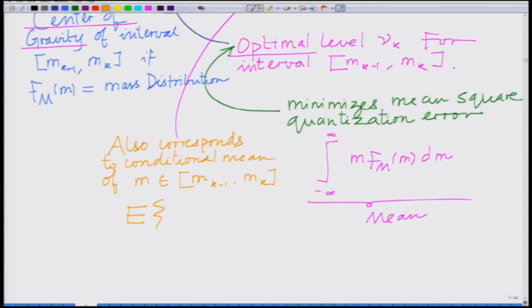So you can think of it as the expected value of m conditioned on the fact that m belongs to [m_{k-1}, m_k]. This is your nu_k, the conditional mean conditioned on the event that the signal sample lies in this quantization interval. That gives us a nice, elegant expression to compute the optimal quantization level nu_k corresponding to the quantization interval m_{k-1} to m_k.